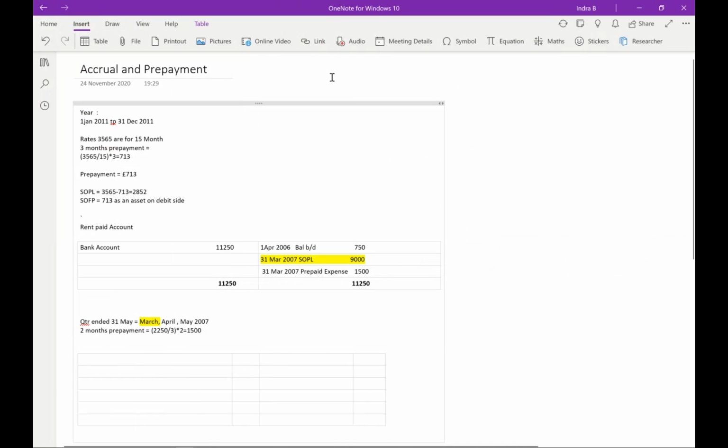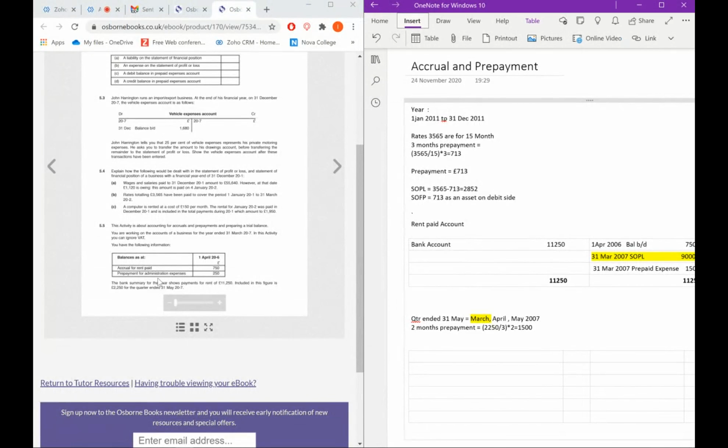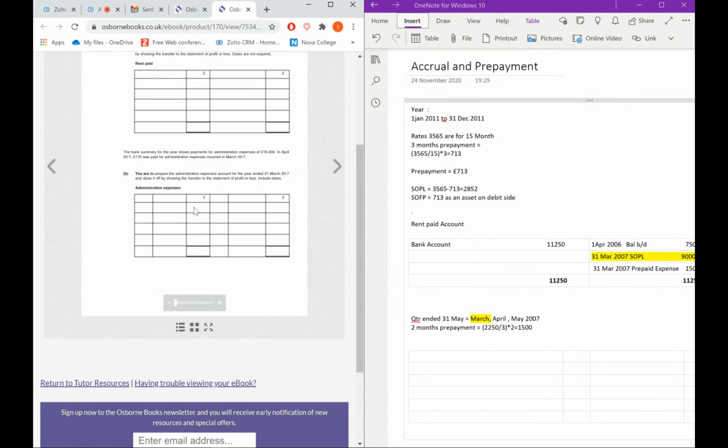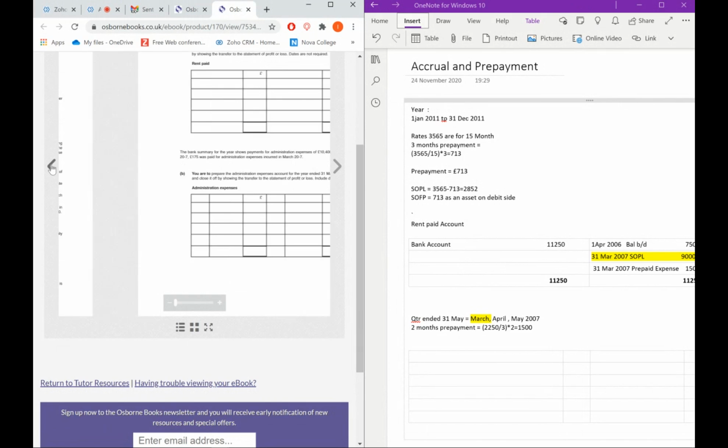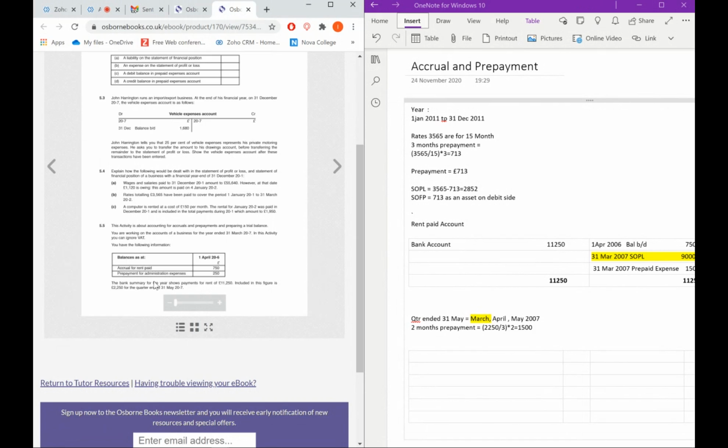And now the next question is about the prepayment of administration expense, right? And we have to put it into this figure. So here we are given prepayment of administration expense. So this is administration expense.